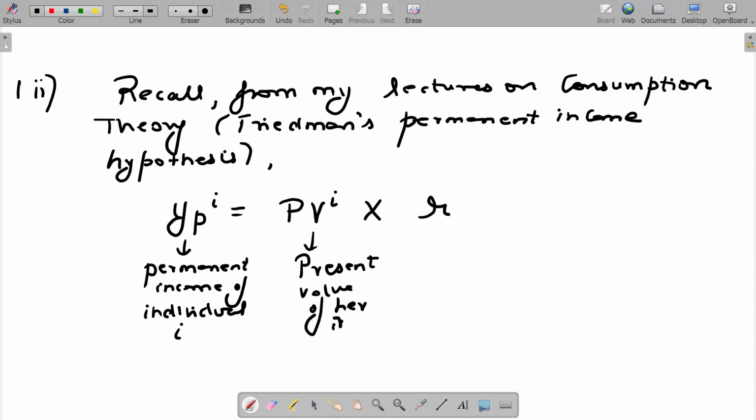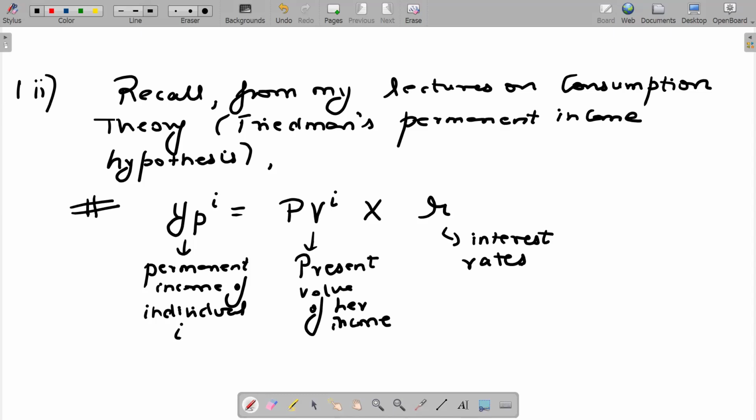Present value of her income. And this is the interest rates. So this is the equation, okay, which shows the relationship between permanent income, present value of income, and interest rates. You can clearly find this in my lectures on Friedman's permanent income hypothesis.